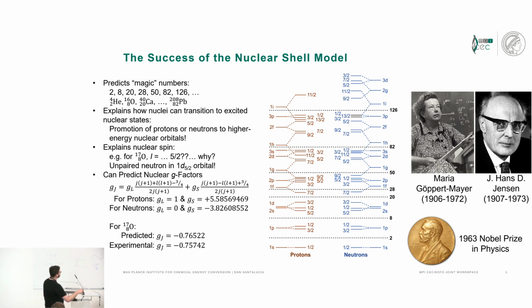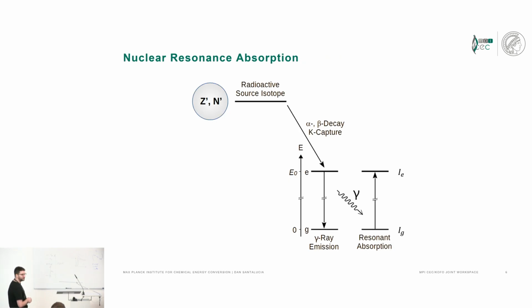But now that we understand why we can undergo nuclear transitions, we can finally talk about the basis of the Mössbauer experiment. Nuclear resonance absorption, okay? So the idea is that you might have some radioactive source isotope that can undergo some type of radioactive decay, like an alpha decay or a beta decay, whatever, okay?